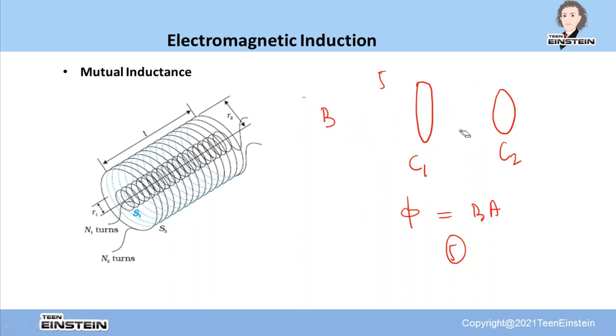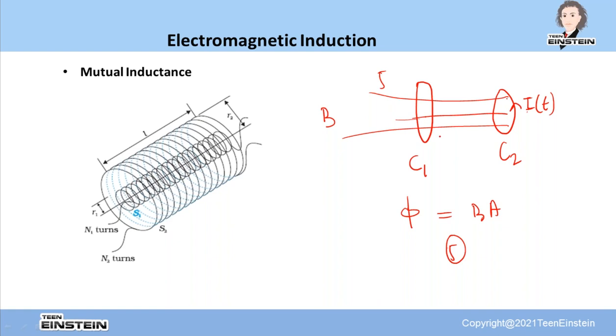That means, suppose a time varying current is flowing in this coil 1, it will create a magnetic field. Since the current is flowing, we know on the axial point there will be a magnetic field. And this coil is placed perpendicular to the axis of the other coil. So if it is creating a magnetic field, the field lines will pass through this.